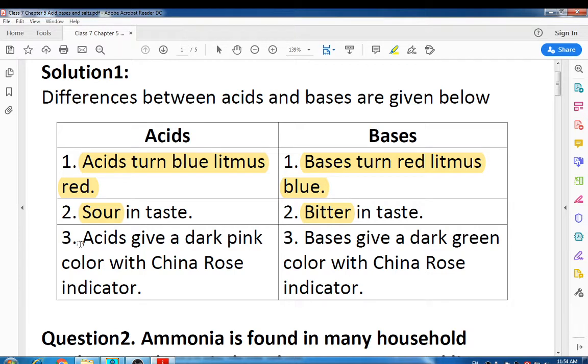Acids give a dark pink color with China rose indicator and bases give a dark green color with China rose indicator. No need to write only about China rose, you can write the other natural indicators. Like that you have to write differences between acids and bases.